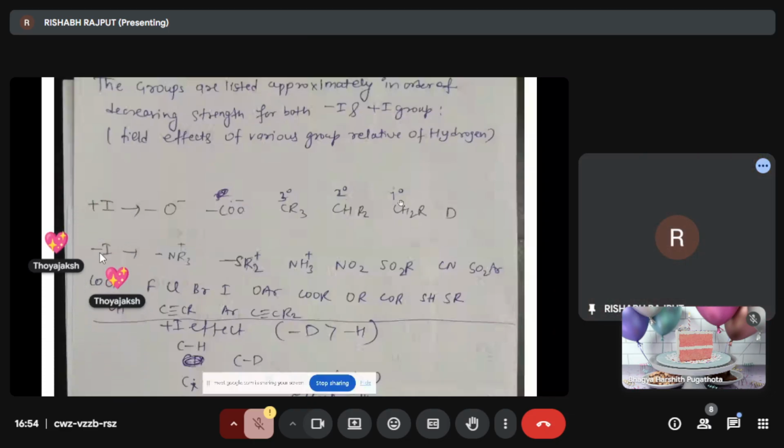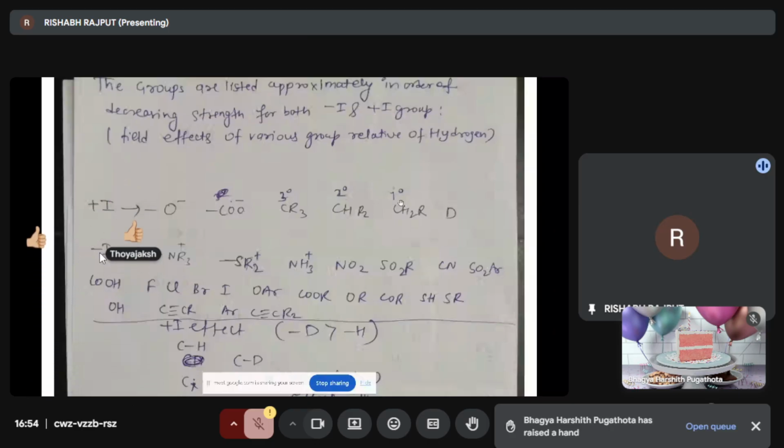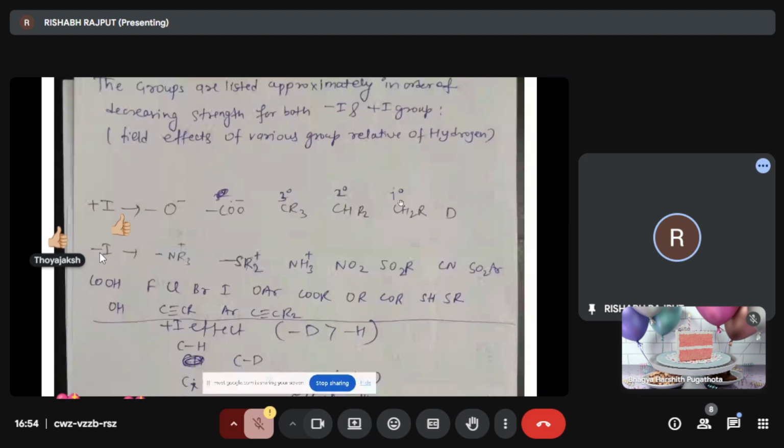This is the order. What is 1 degree? Okay, Harshit. See, 1 degree carbon: what is the meaning of CH2R here? If a single carbon bond is there, that will be 1 degree. If it is attached to two carbons, it is 2 degree. Sorry, three carbons for 3 degree.